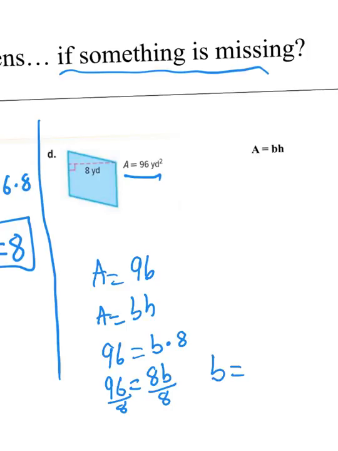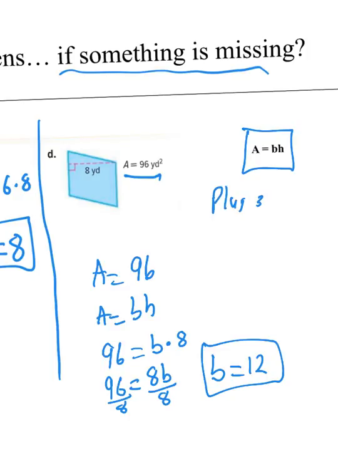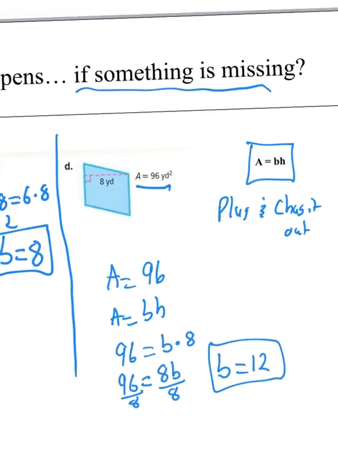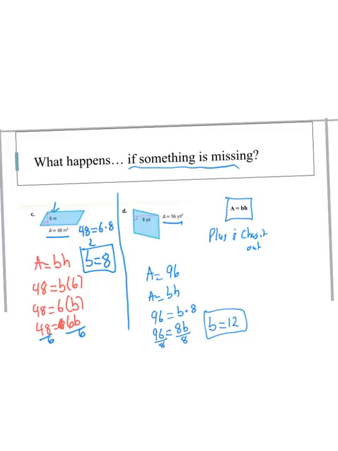So b is equal to 96 divided by 8, which is 12. So b is equal to 12. So all we did here was use this formula, plug in what we know, so plug and chug it out, and then use the inverse operations in order to solve.